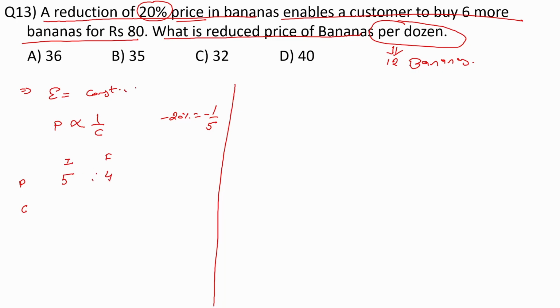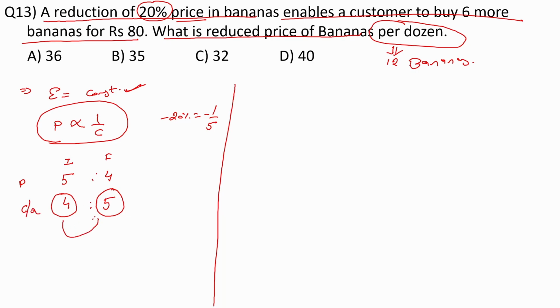As expenditure is constant, price is inversely proportional to consumption. So the ratio of price is 5 is to 4 and the ratio of consumption would be 4 is to 5. Initially, if a family is consuming 4 units of bananas, after the decrease in price, the family would consume 5 units. As the price decreased, the consumption or quantity is increased.